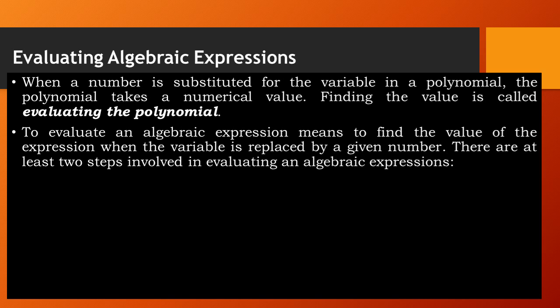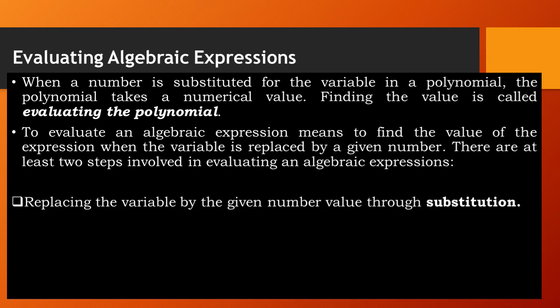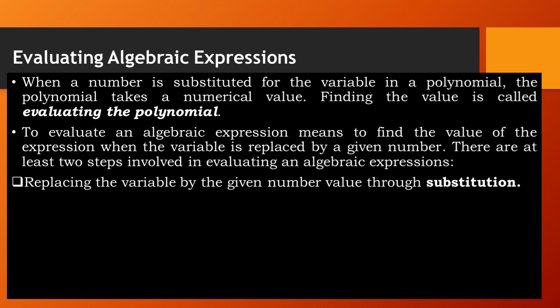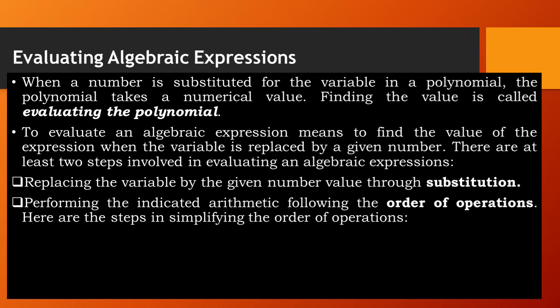There are at least two steps involved in evaluating an algebraic expression. First, replacing the variable by the given number value through substitution. The second step is performing the indicated arithmetic following the order of operations.